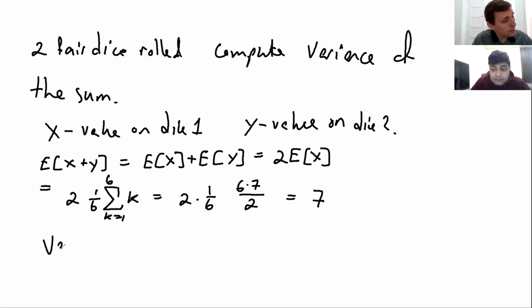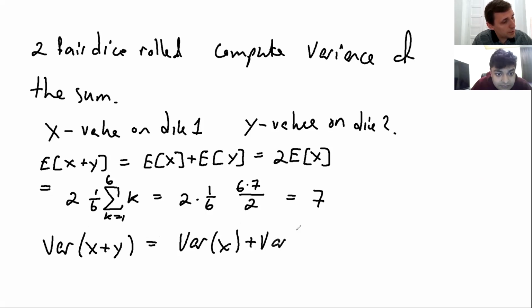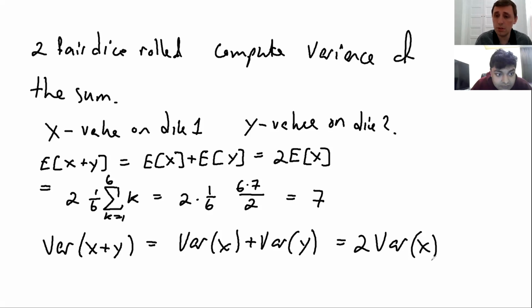So we have that variance of X plus Y is the variance of X plus the variance of Y, which is twice the variance of X, since again they are identically distributed.